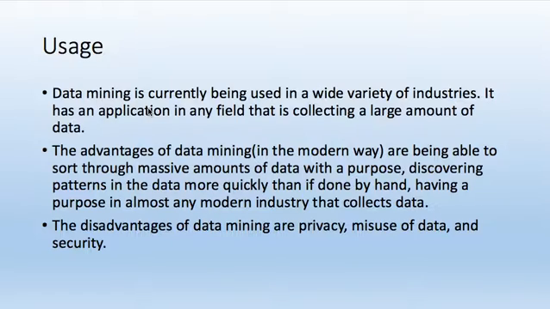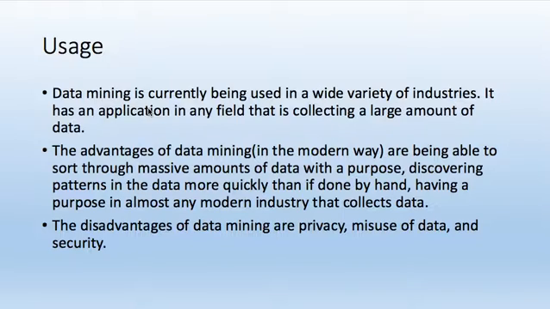The advantages of data mining, in the modern way with computers, not doing it by hand, is that we're able to sort through massive amounts of data with a purpose. We're not just sorting through it to find one specific type of data. We're sorting through it to find relations, and to find patterns that are going to help us either improve something or help us discover things that we have a hypothesis on.